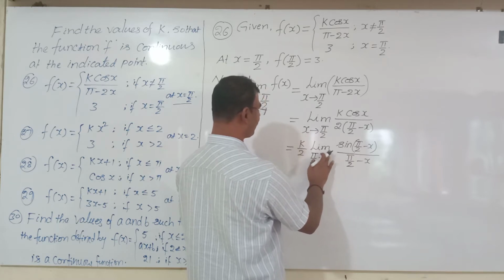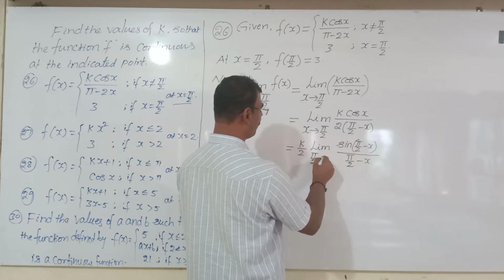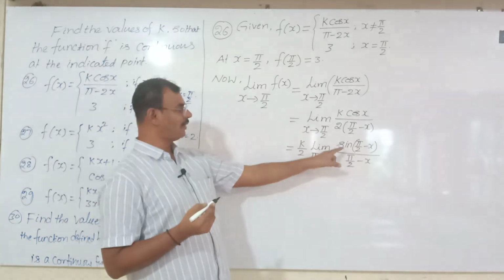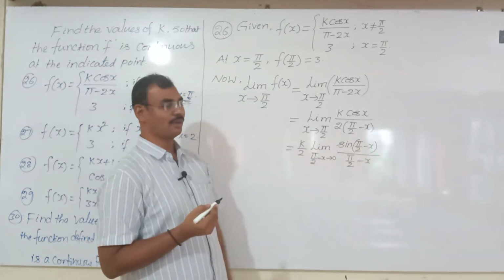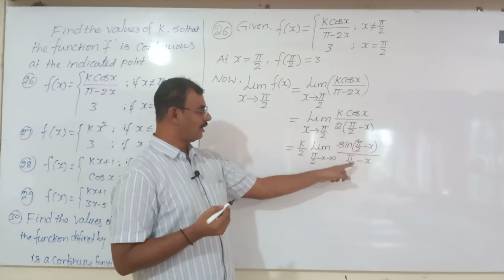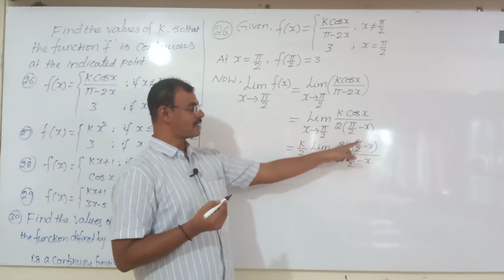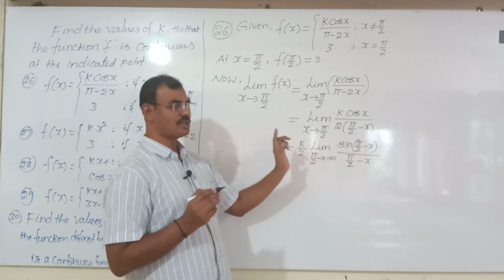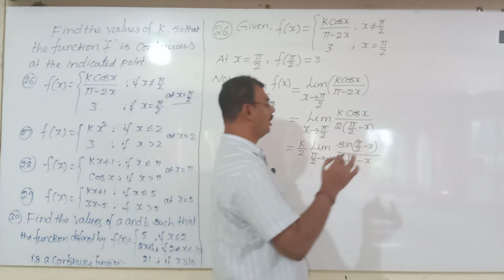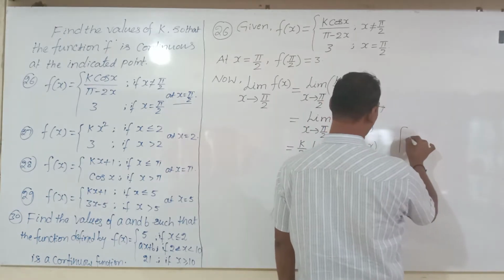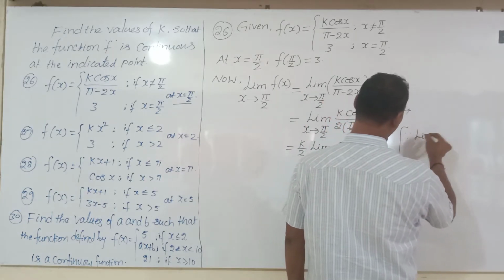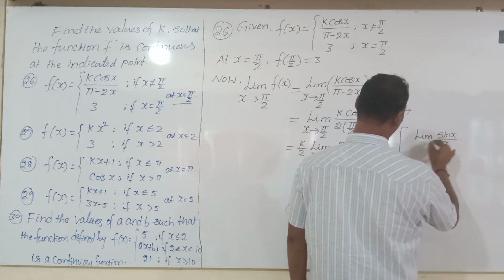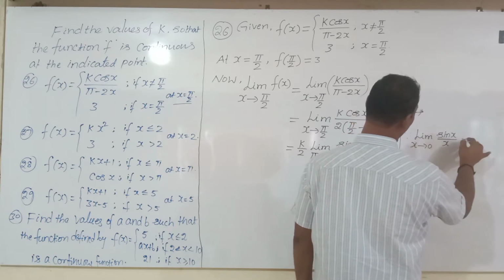Pi by 2 minus x approaches 0. Okay, if I take pi by 2 minus x equal to y, then it becomes limit of sin y divided by y as y tends to 0. We all know this property: limit of sin x divided by x as x approaches 0 is equal to 1.